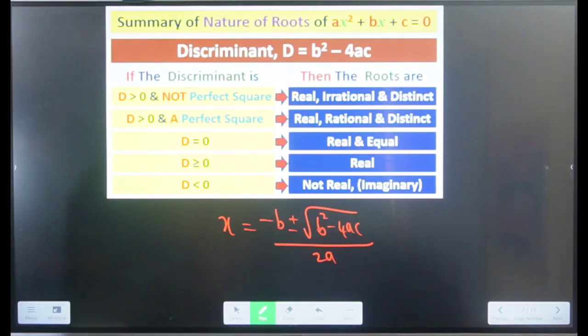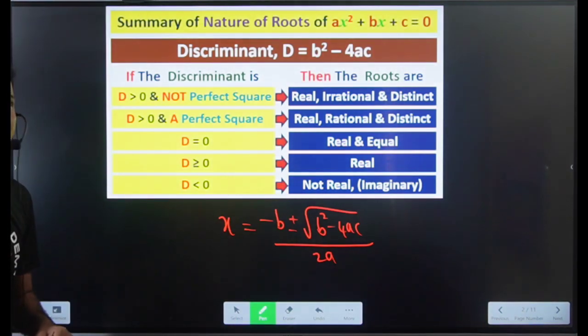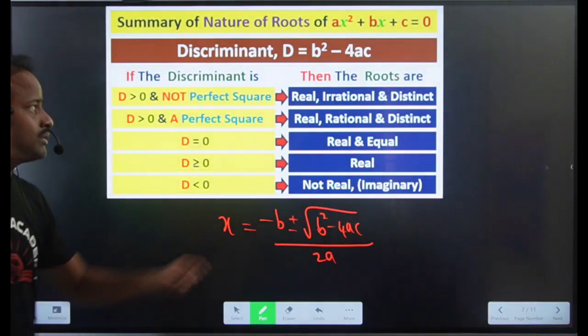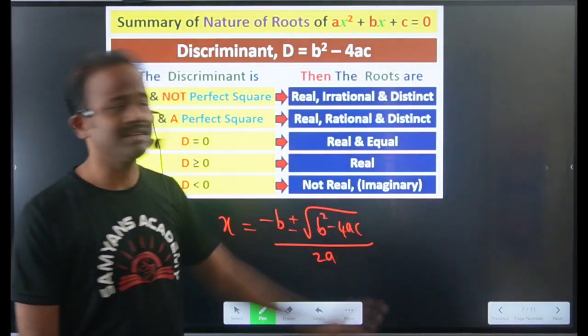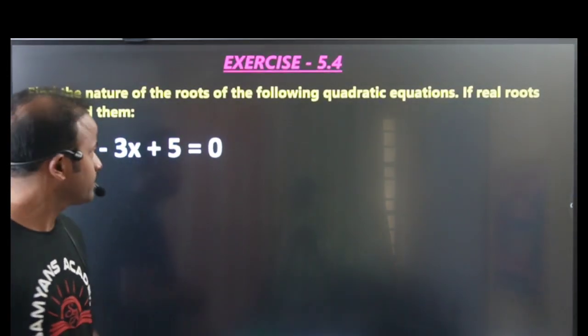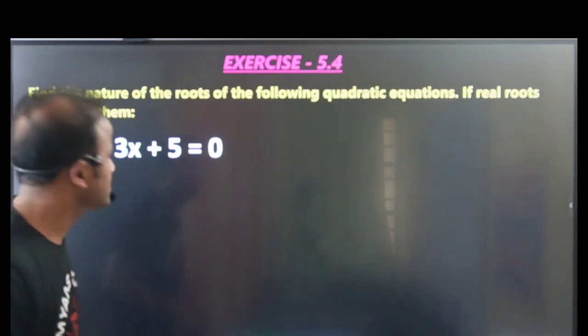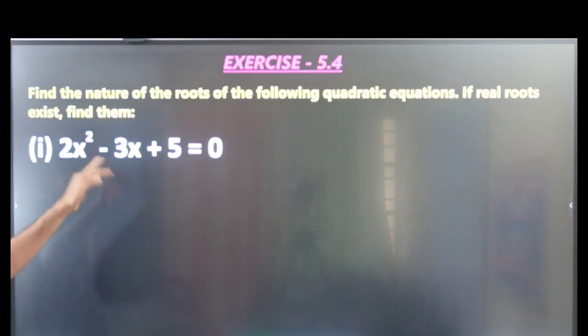So if the determinant value is less than 0, real roots do not exist, only imaginary roots exist. Start exercise 5.4. Find the nature of the roots of the following quadratic equations if real roots exist, and find them.